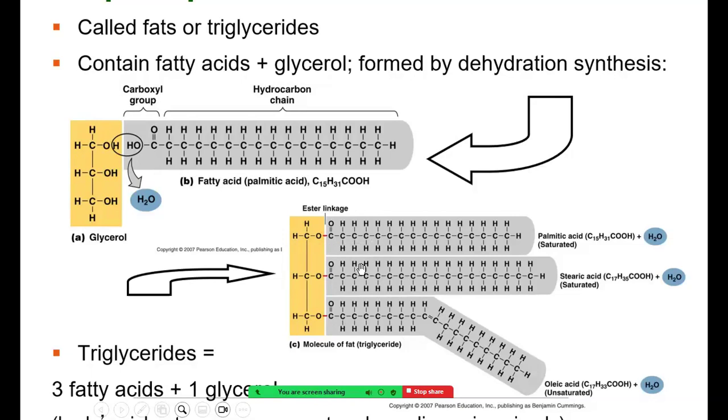A triglyceride has three fatty acids linked to the glycerol, one in each position. And you only need one unsaturated covalent bond between the carbons to make this whole molecule called unsaturated. If it was saturated, then all of the carbon links have to be a single covalent bond linking the carbons together.